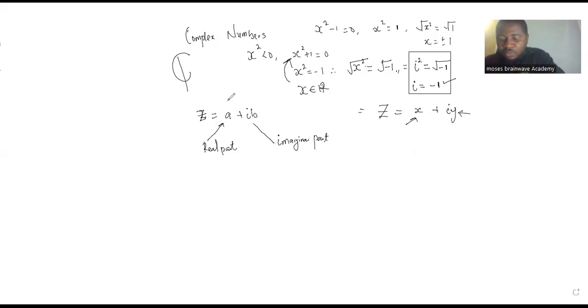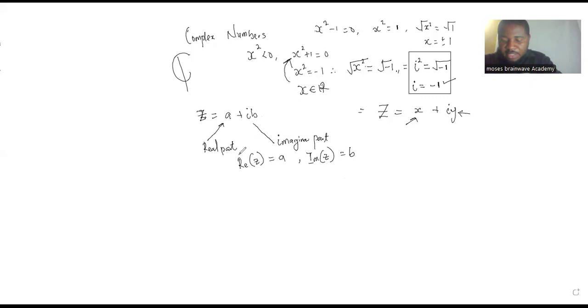If I want to look for the real part of this particular number, in my case here it is equal to a. And the imaginary part of this number is going to be b. This is the real part, while this is the imaginary part.